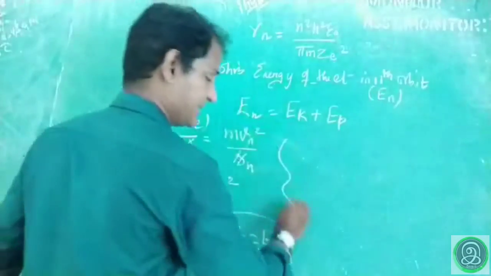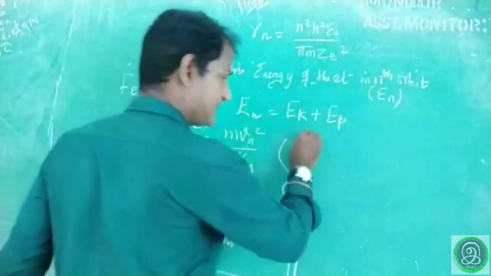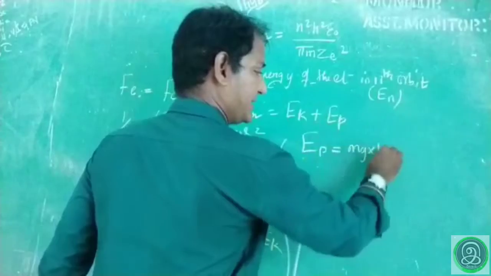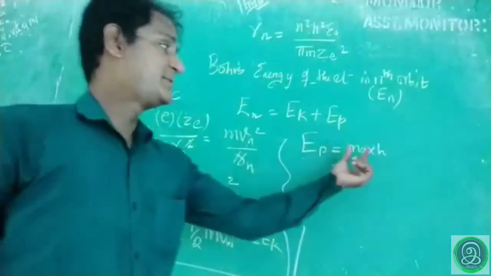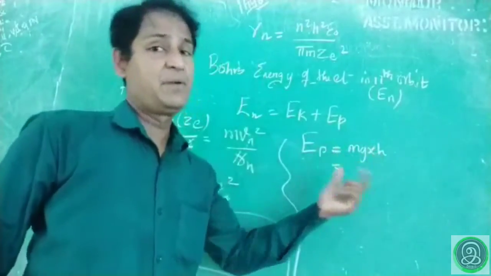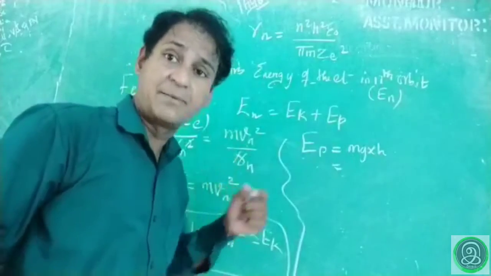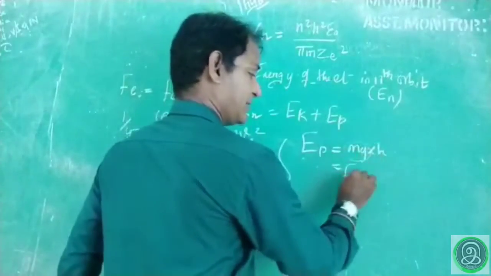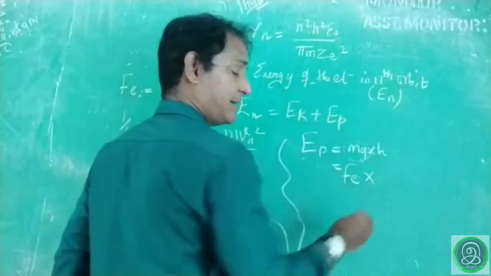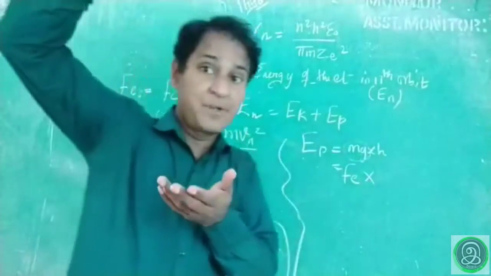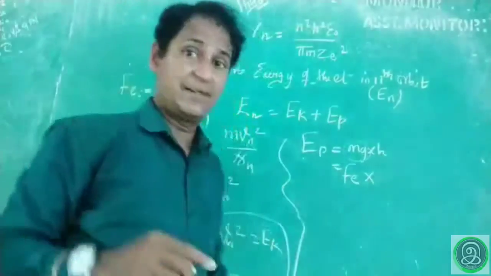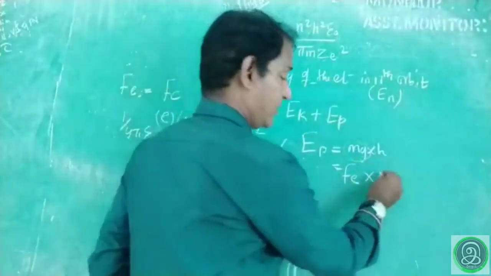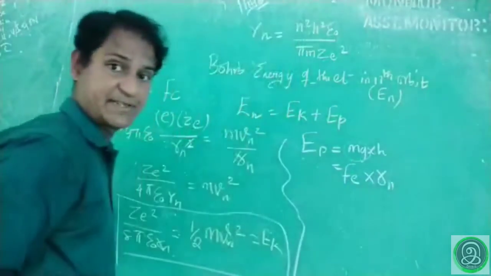To find the potential energy, we all know that the potential energy is equal to mg into height. Since mg is the force, here the force we have to consider is the electrostatic force of attraction. So replacing this by the electrostatic force of attraction, and replacing h, the height of the electron from the nucleus, which is nothing but the radius of the electron in the nth orbit, h is equal to r suffix n.